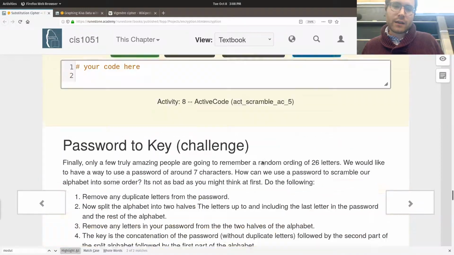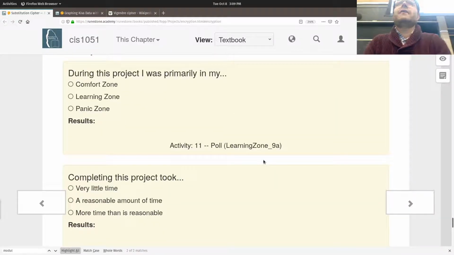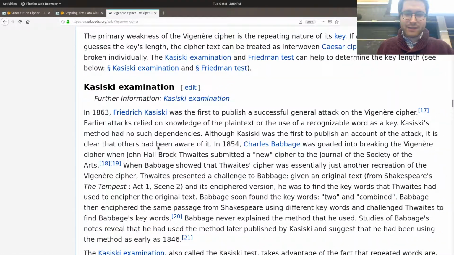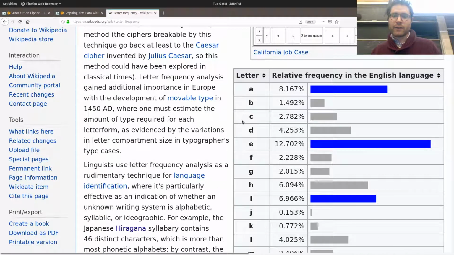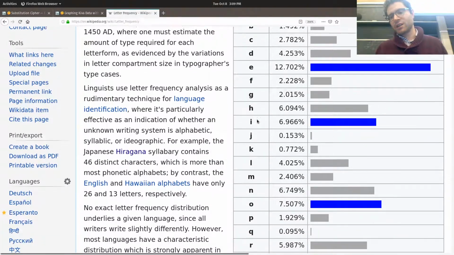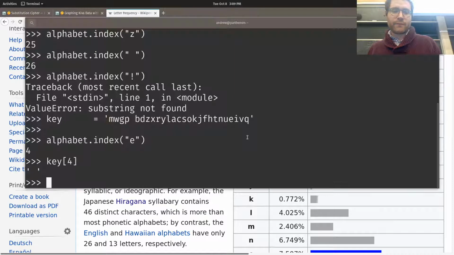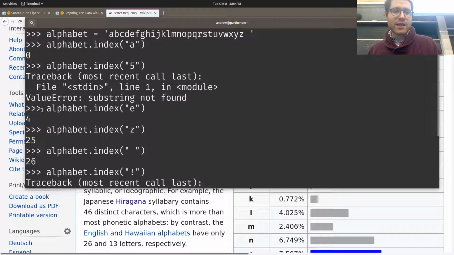Now, the question is, since we've got the remaining time, how good does this work? And the answer is, it's okay, but it still is susceptible to what we call frequency analysis. Frequency analysis looks like this. The relative frequencies of letters in the English language: if you count up all the letters, for instance, we'd notice that E is 4.